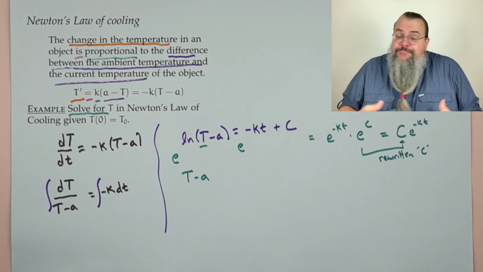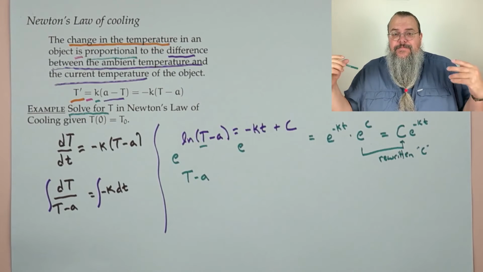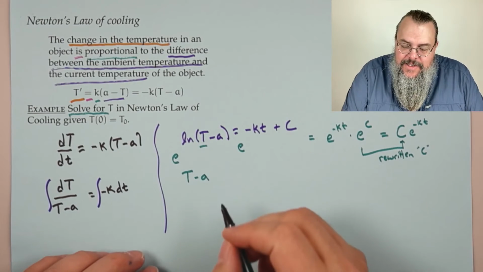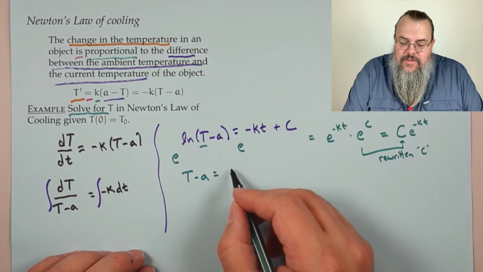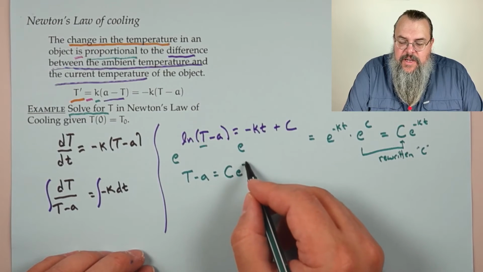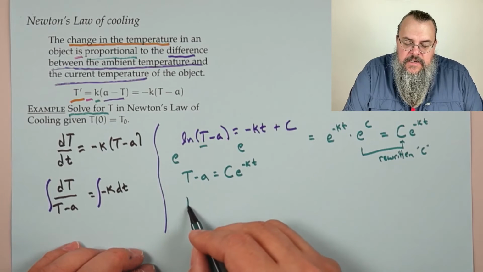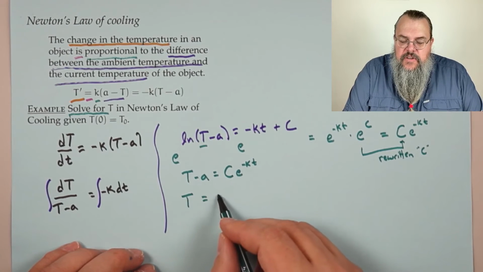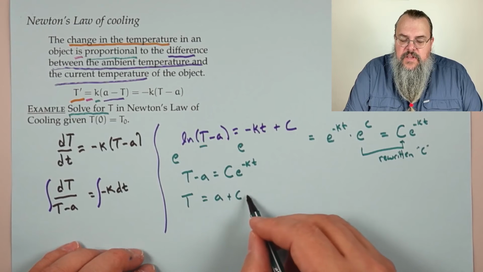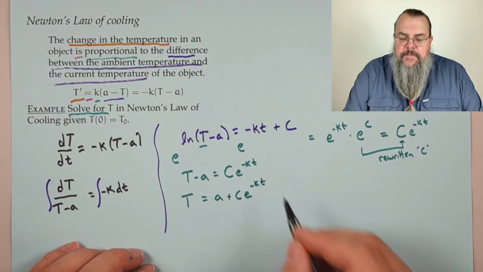Call it D. Life is fine. All right. So we have T minus A is some constant times e to the minus k t. And we say, aha, that says our temperature is A plus some constant C e to the minus k t.